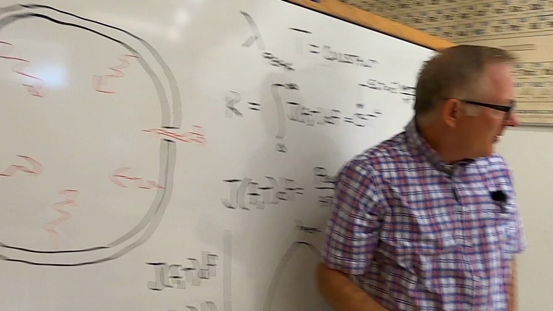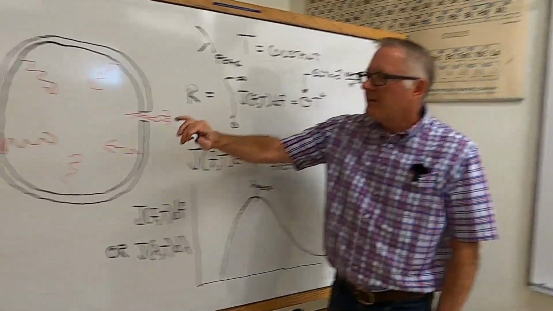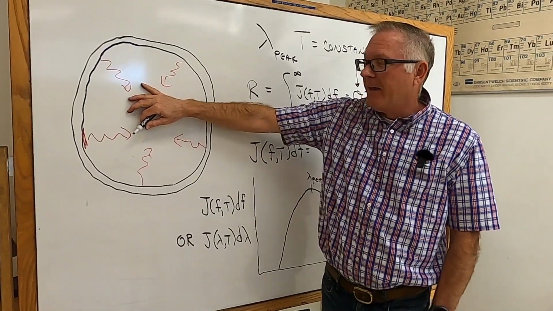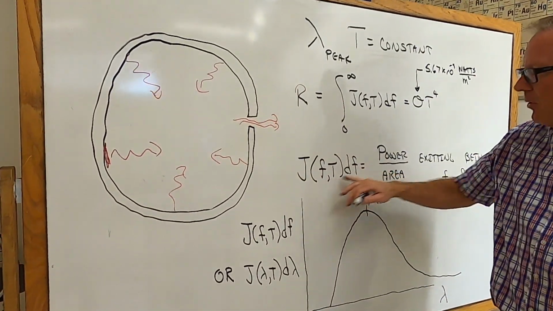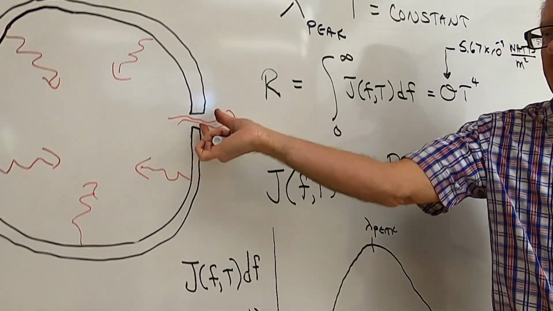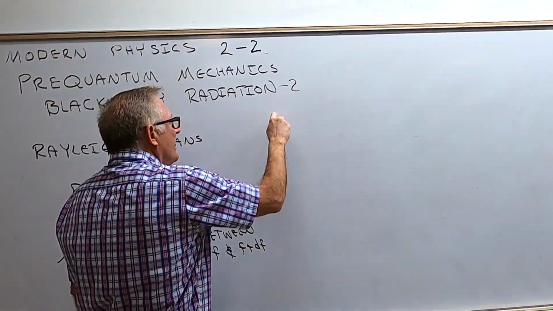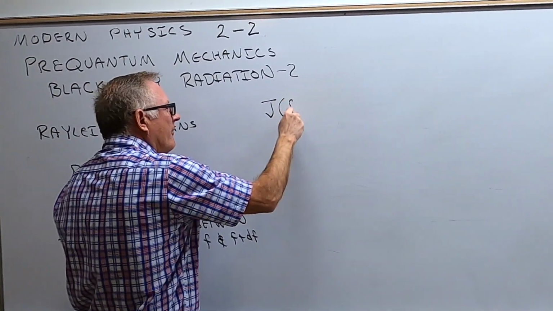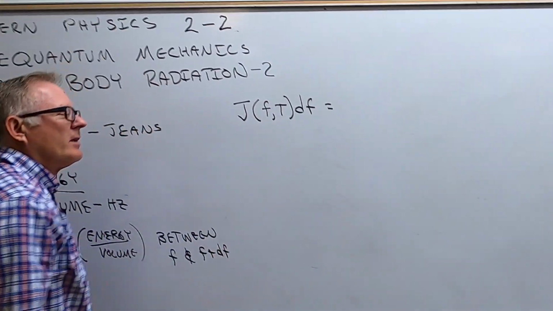And the two should be related. This should be related to this, because if I make more energy in here, let's say I double the energy per volume, I'm probably going to double the amount of power that comes out the area right here. The two are related. That is, J sub F T dF should be related to mu right here.